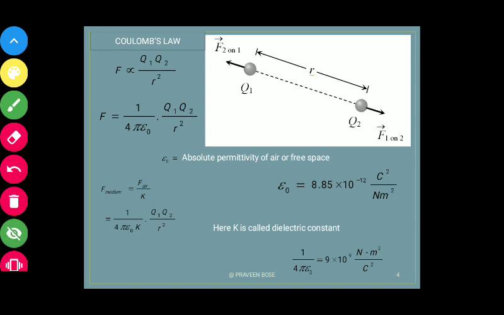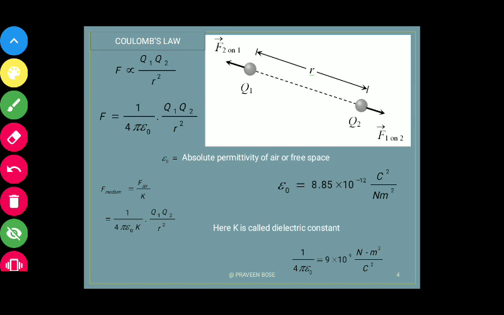Coulomb's law is about the force of attraction or repulsion between different charges. According to Coulomb's law, the force of attraction or repulsion between two charges is directly proportional to the product of the magnitude of the charges and inversely proportional to the square of the distance between them.